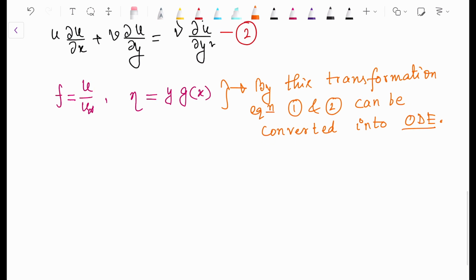If I can do this thing, then I can say that the similarity solution exists. If I am not able to do this thing by this transformation, then two things may be concluded. One, the similarity solution does not exist, or these scalings are not appropriate to having a similarity variable. Here this g is called the similarity variable.